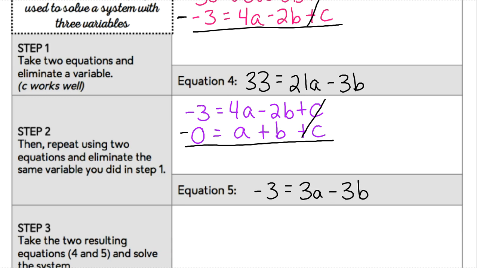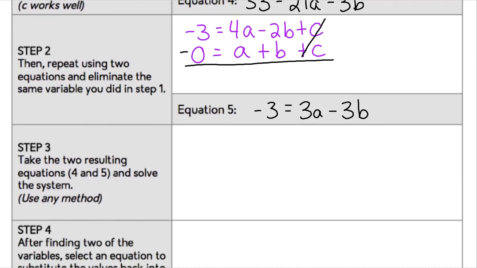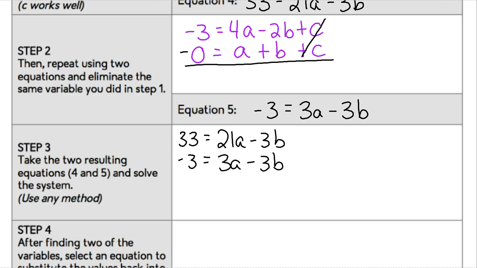I'm down to my two equations for two variables. Now I get to solve them using any method. We're going to eliminate again. So I have 33 equals 21a minus 3b, and I have -3 equals 3a minus 3b. I notice right away that when I write it like that, my b's are ready to cancel.